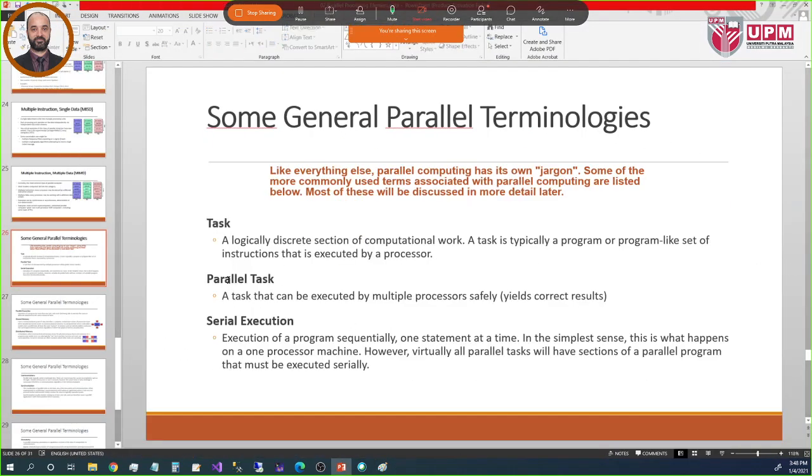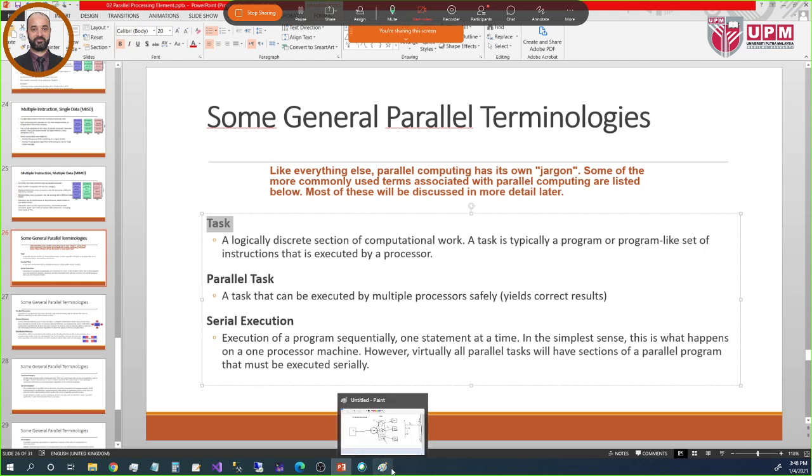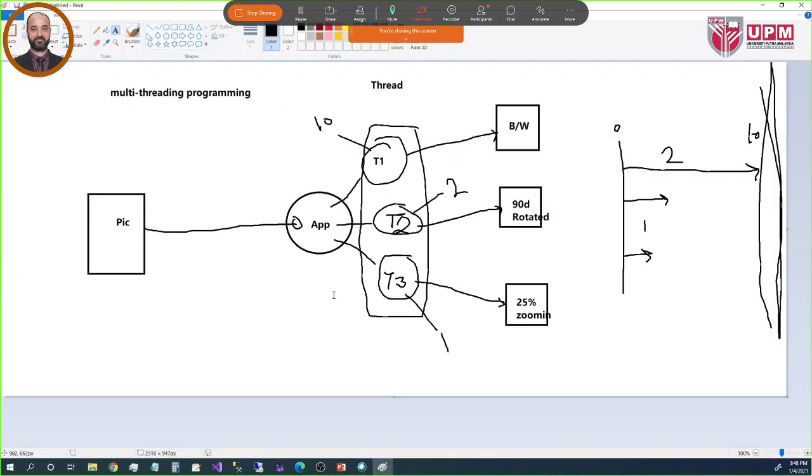Then here we have parallel task. The task is only a single task. Parallel task means many tasks working at the same time. Serial execution, exactly as I explained: if we have one processor or one core and multiple tasks, the processor will take the tasks one by one.